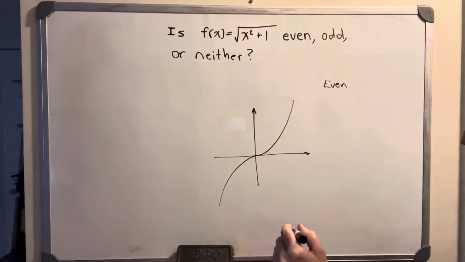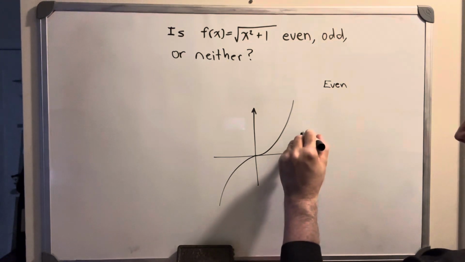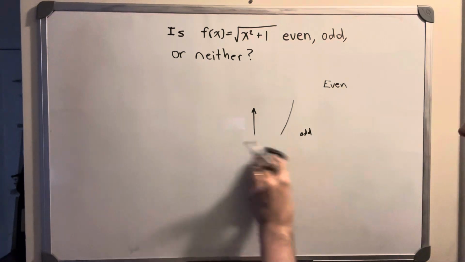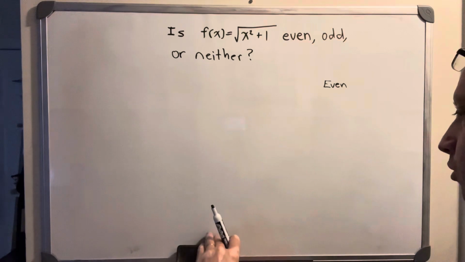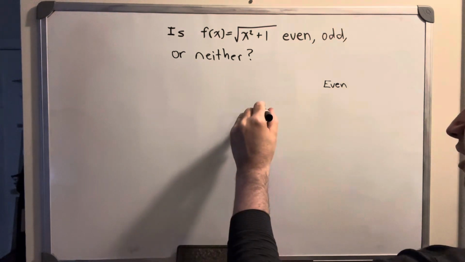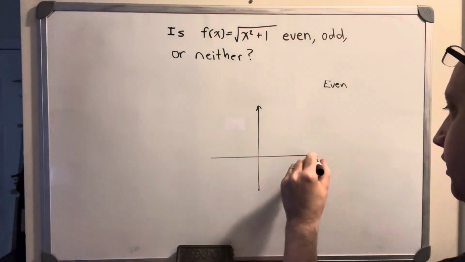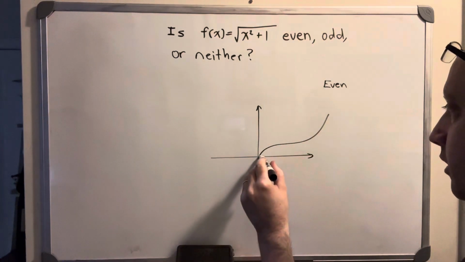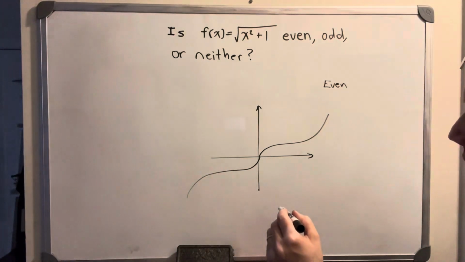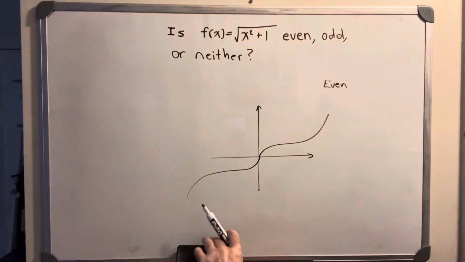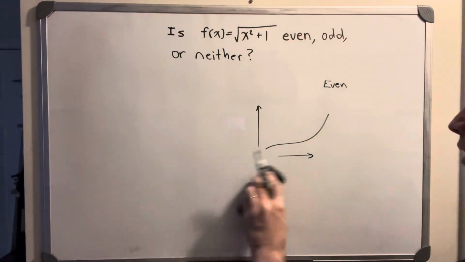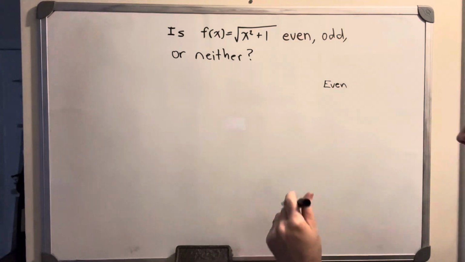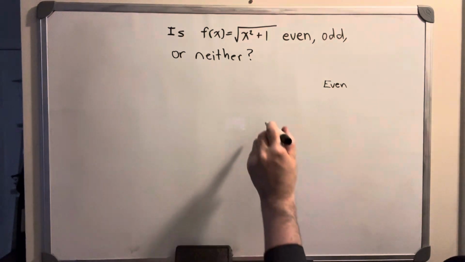If a function looked like this and I said, okay, that's an odd function, or if I drew a function like this and I told you, okay, that's an odd function. I'll just give one more example here.